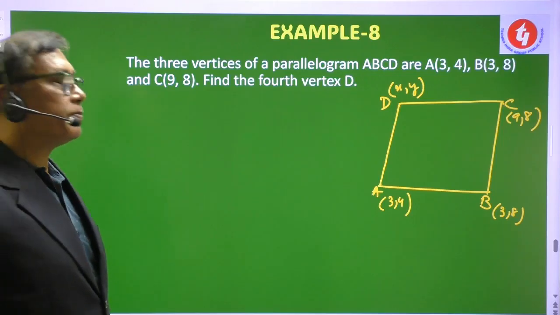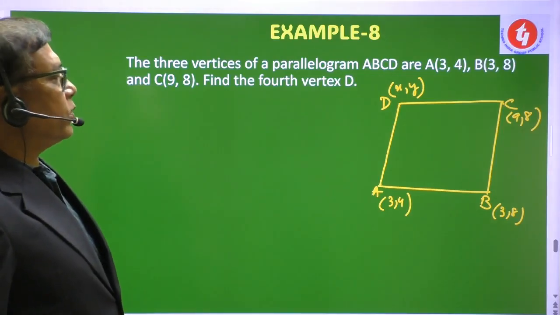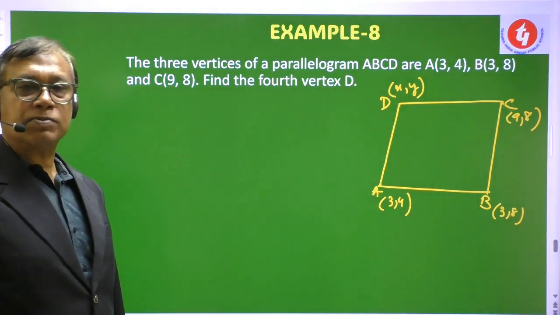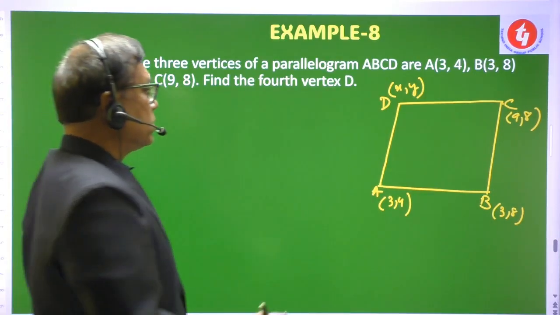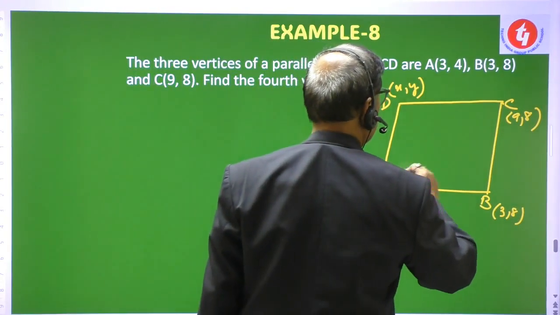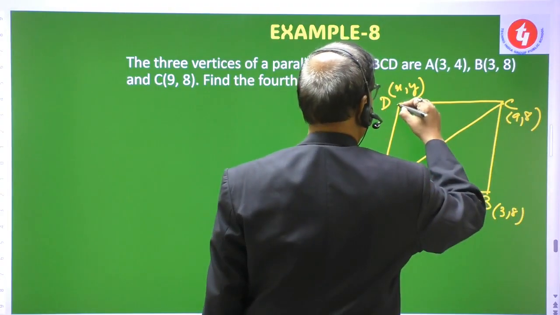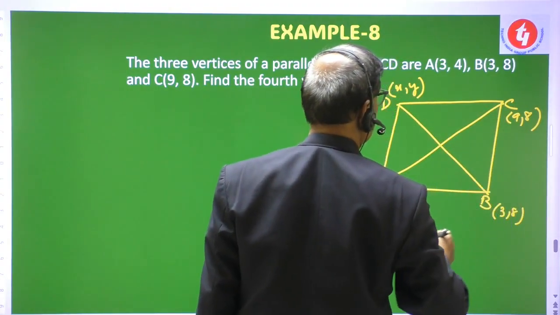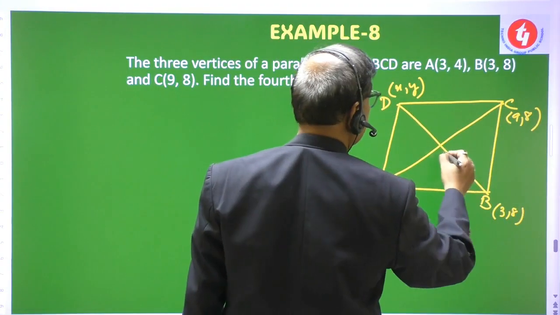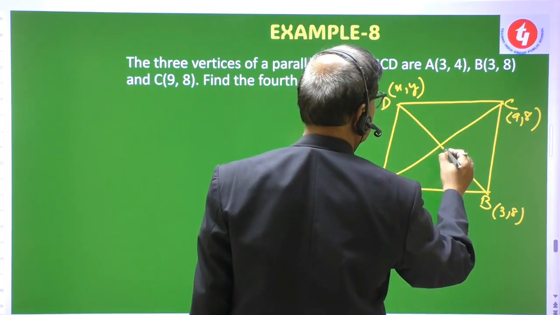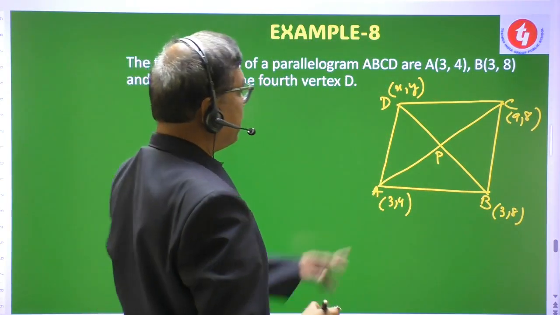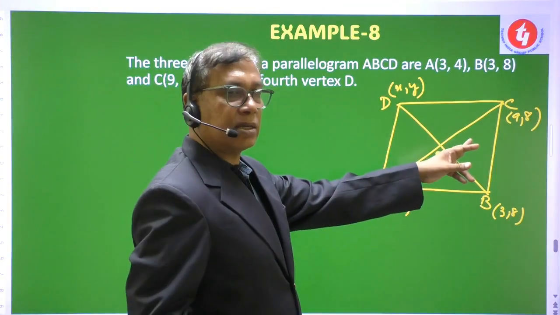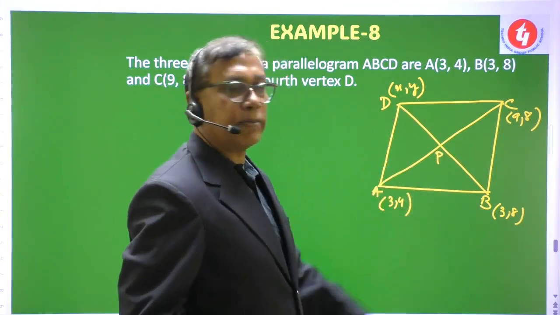How can we find it? We know in parallelogram diagonals bisect each other. We know this property. So that means diagonal AC and BD intersect with each other at P, suppose. So P is the midpoint of AC, again P is the midpoint of BD.